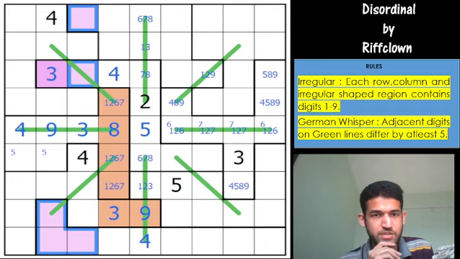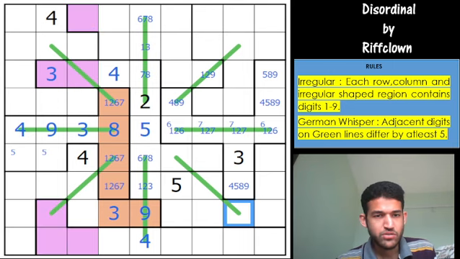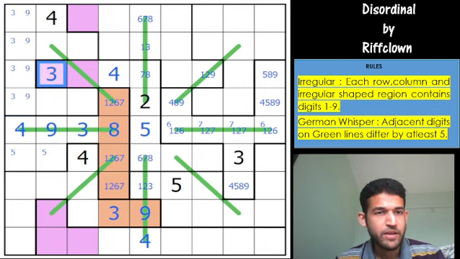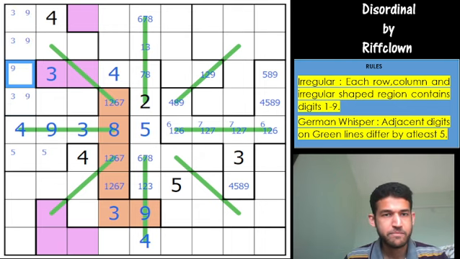That would give us a lot of pencil marks. Okay, so I have 3 9 placed in this region, I have 3 9 placed in this region. So all these 5 cells can't take a 3 9, and that gives me a 3 9 corner in these 4 cells, and 3 gets removed from here.